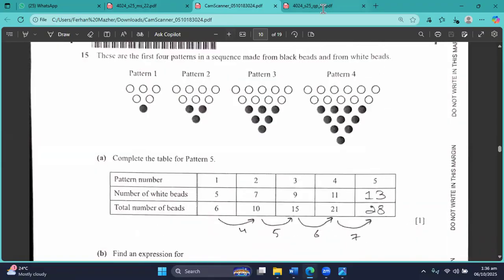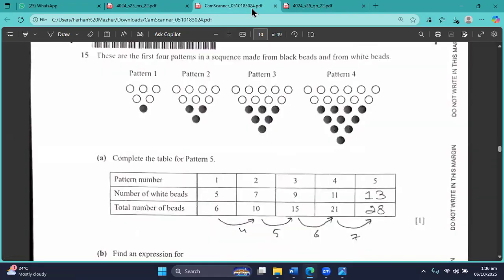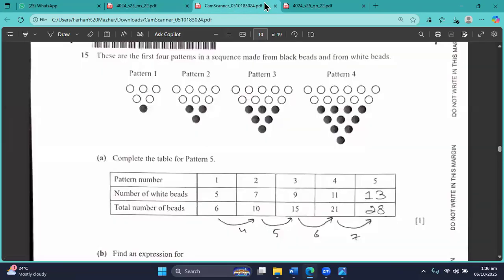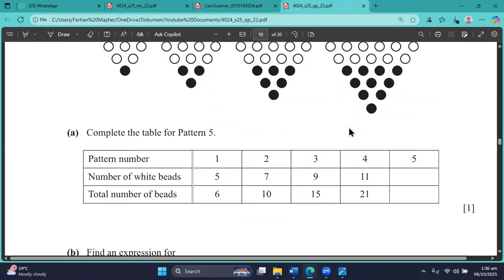So I write here 13. Then if you look here, 4 is added, then 5 is added, then 6 is added, then 7 will be added. So you will have there 28. So simple, 13 and 28 is the answer, sir. That was question number 15 and its A part.